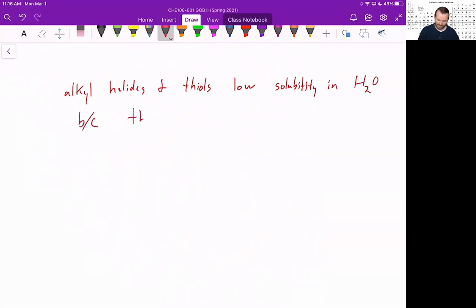Because they can't hydrogen bond. So in general, even though they have dipole-dipole interactions, no hydrogen bonding with water, they generally will not mix with water.